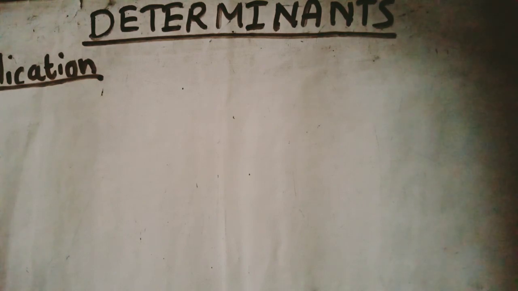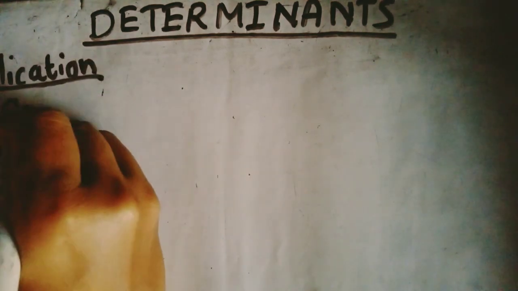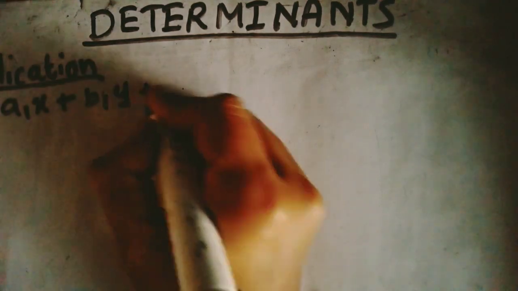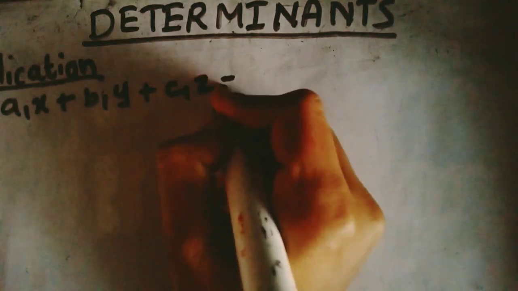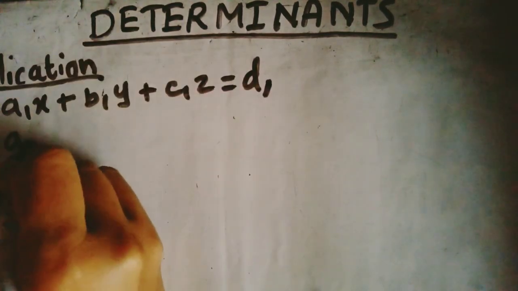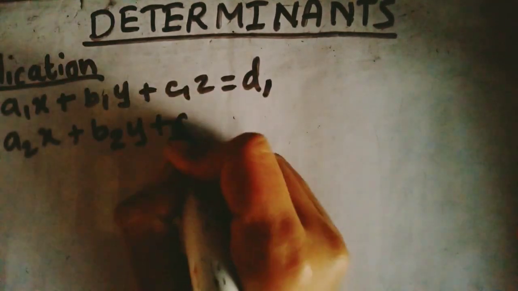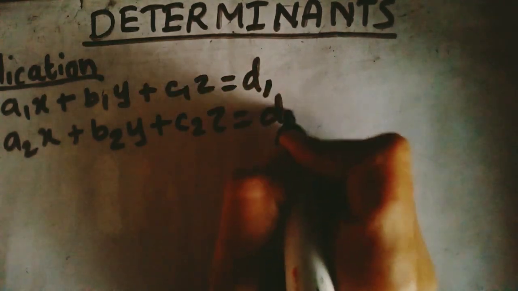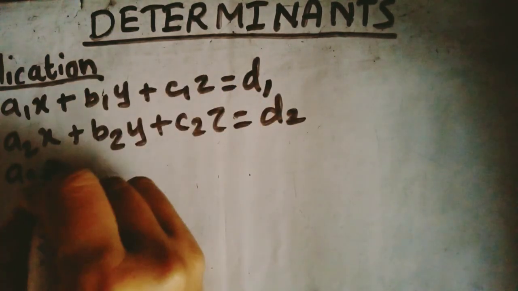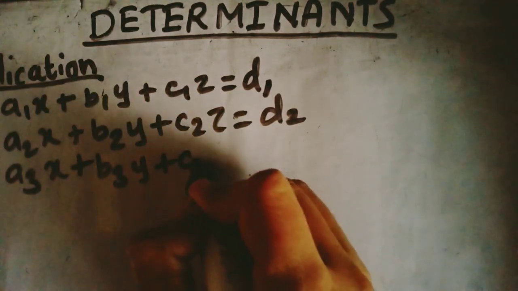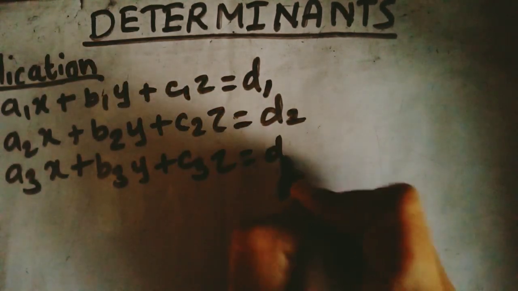If you are taking a 3 by 3 matrix, then suppose three equations are given: a1x plus b1y plus c1z equal to d1, a2x plus b2y plus c2z equal to d2, and a3x plus b3y plus c3z equal to d3.